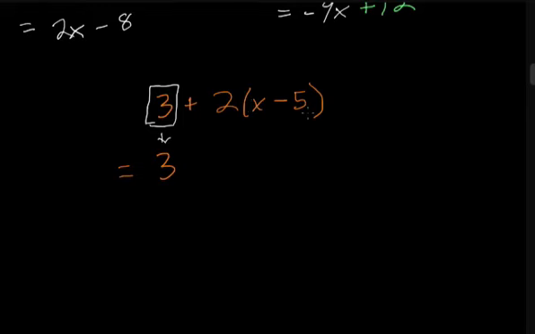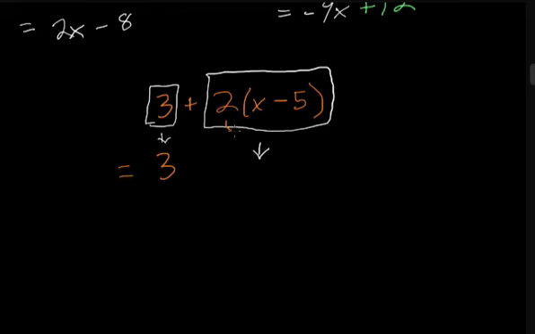However, let's look at this other term that we've got here. It's not exactly a term, but it's an expression, 2 times x minus 5. That's all one thing. So let's look at that as if it were one expression. And we might notice that it is in the form of a times b plus c. So what are we going to do? Well, we can use the distributive property to rewrite it as an expression without parentheses.